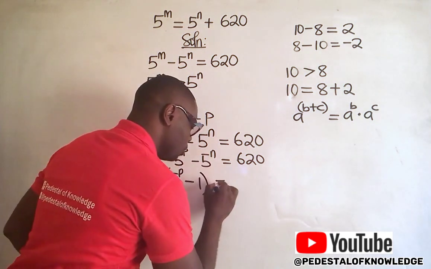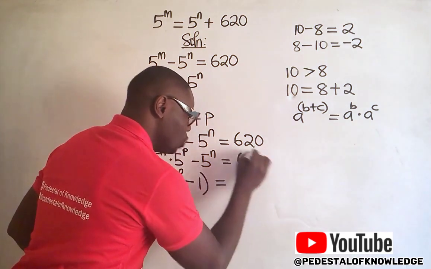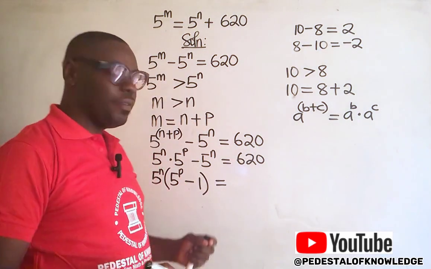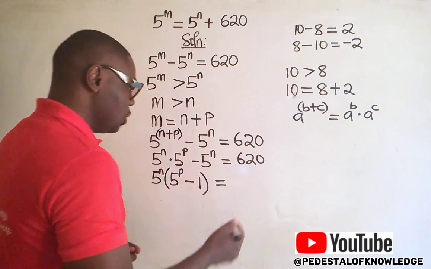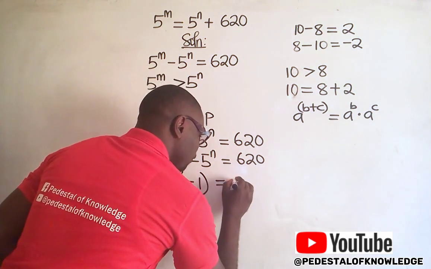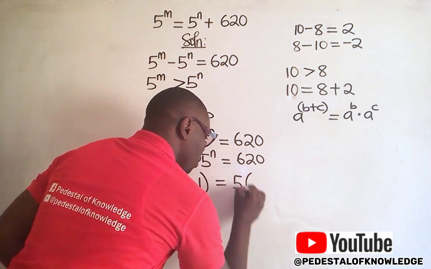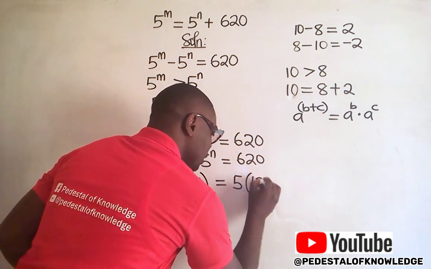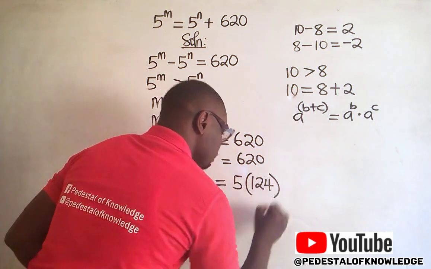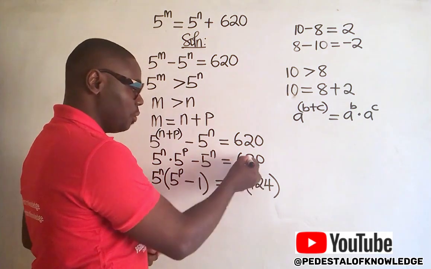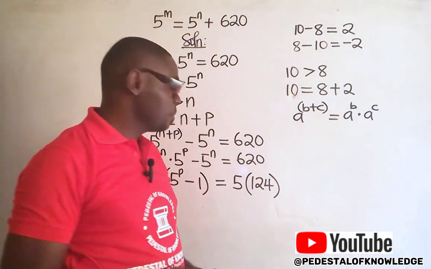Now this is equal to 620, and we can bring out the factors of 620. The factors of 620 are 5 multiplied by 124, because 5 times 124 will give us 620.